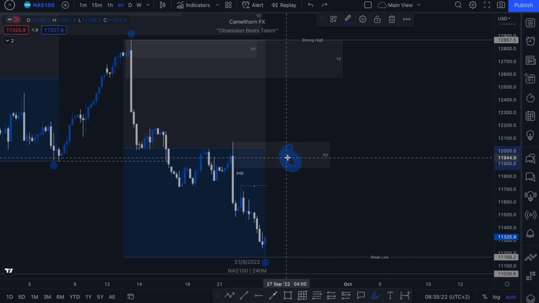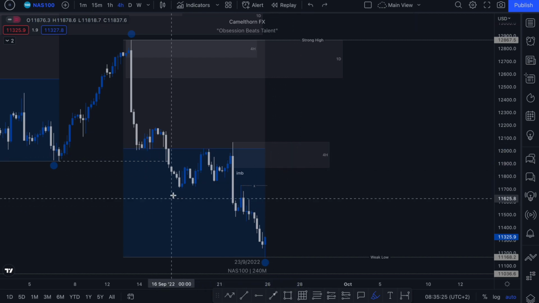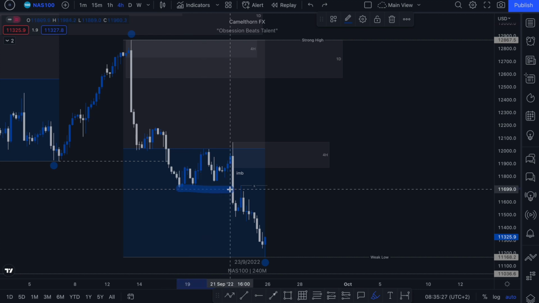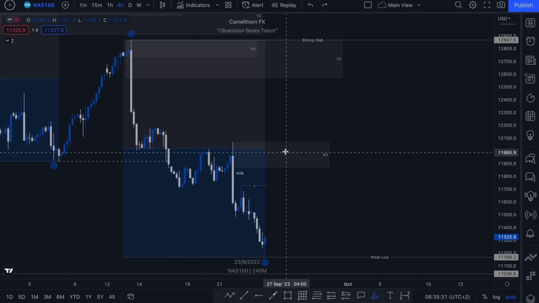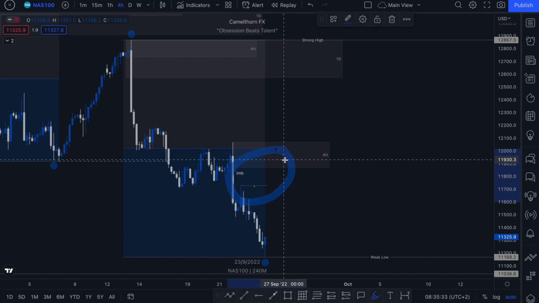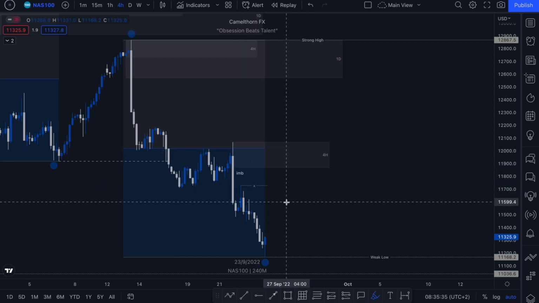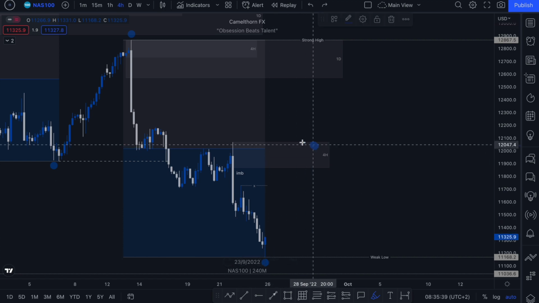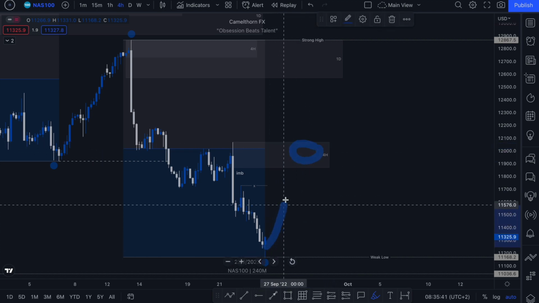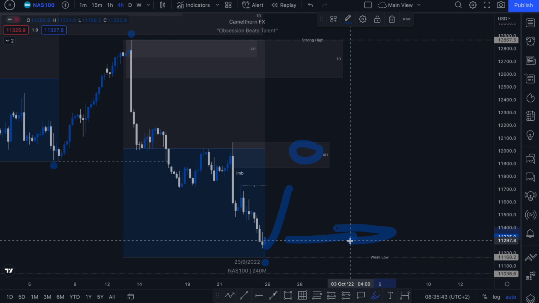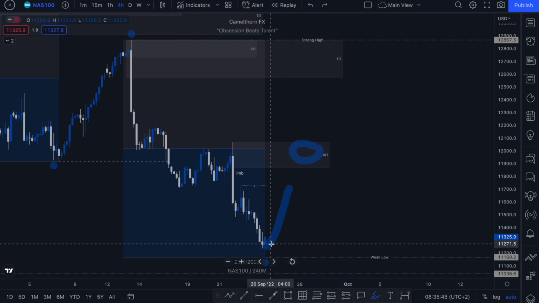We know that it is a valid supply zone because it also led to this, I guess you could say, internal structure, or this internal break of structure to the downside. So this would be a valid setup for us to trade from. We have some engineered liquidity in there. As we anticipate price action to pull up towards here, we could also start looking for potential counter trend setups as price action pulls up.